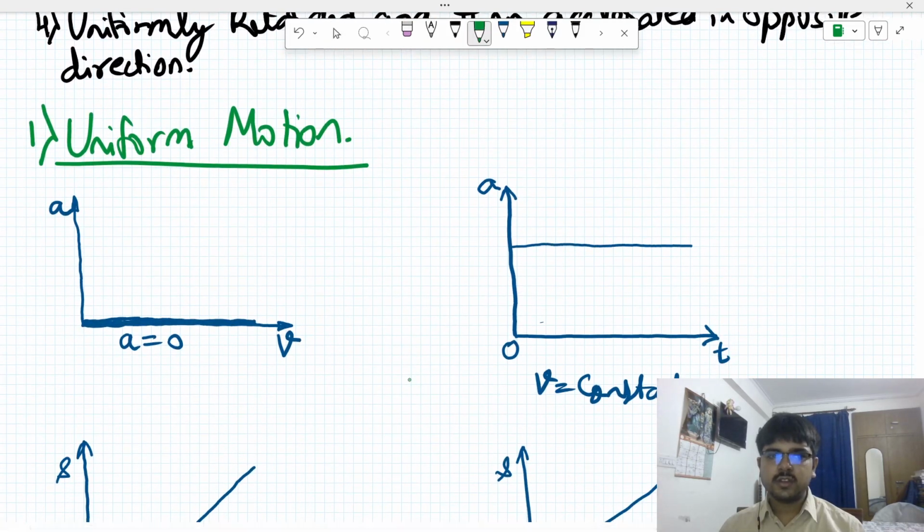In uniform motion there is no acceleration, so the acceleration-time graph will show a equals 0. Let me check this one.